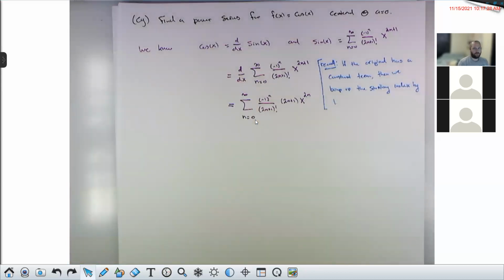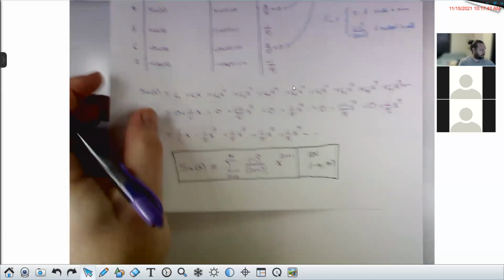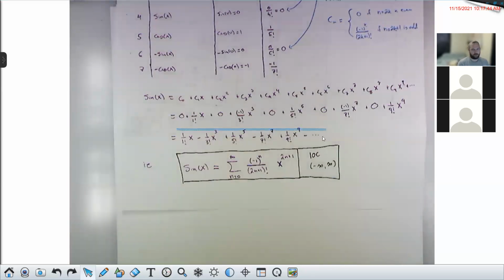We only bump that starting index if the original series has a constant term. If the original series does not have a constant term, then you don't do anything to the starting index because none of the terms disappear. You can think about differentiating it from here. If you differentiate this thing, do any of the terms go to 0?